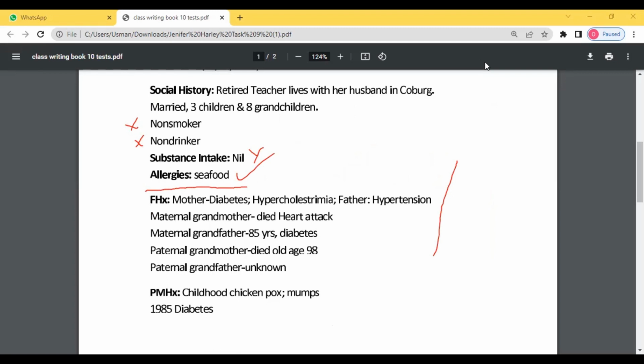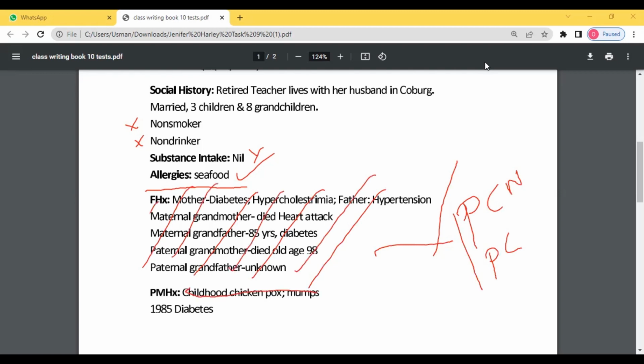Now we can see the family history of diabetes, hyperglycemia, hypertension is not relevant for the palliative care nurse. We should not write it down. Similarly, for chickenpox and mumps, it's not relevant. We should not write it down. Now, diabetes, yes, it's relevant. With reference to diet and wound care, it's a relevant point.